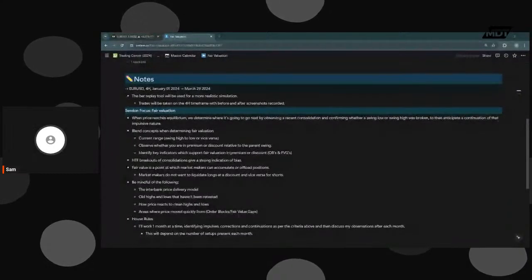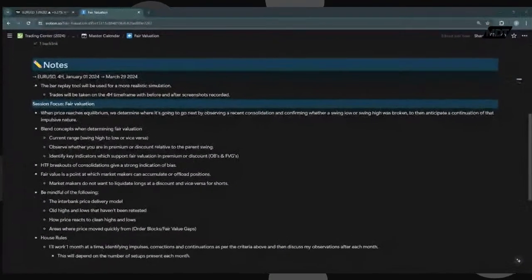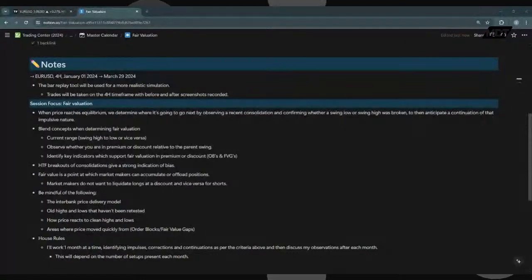In the previous session, I did only buys. In this session, it's going to be focused on both buys and sells.